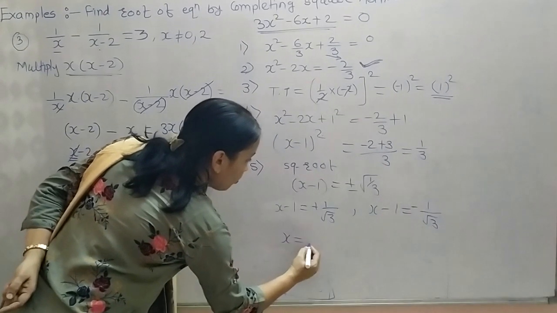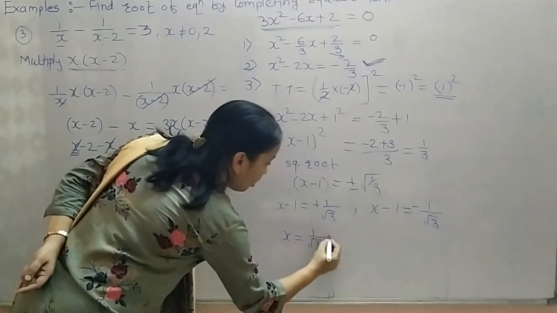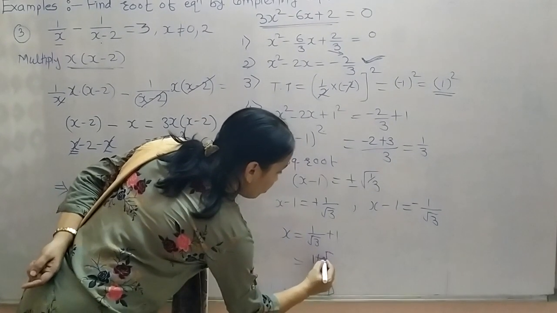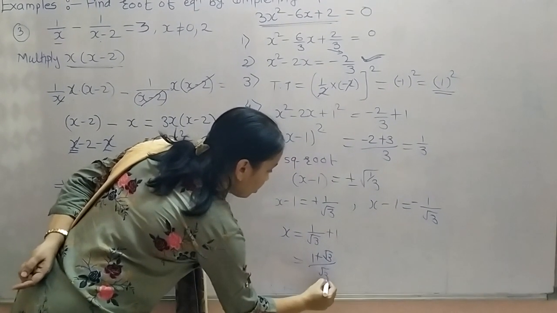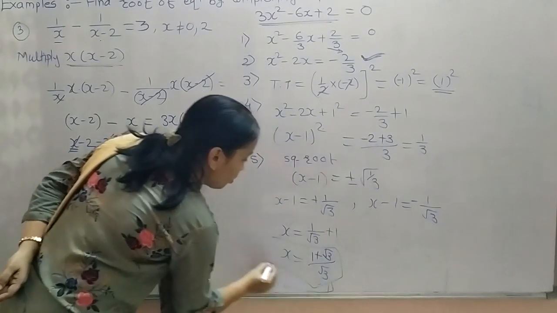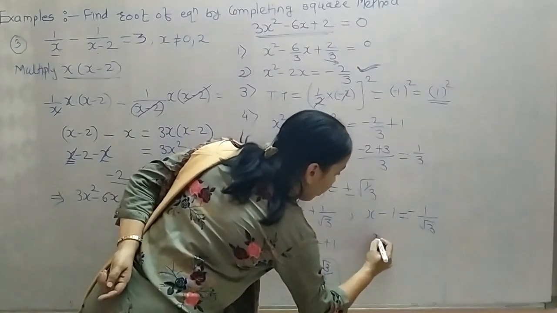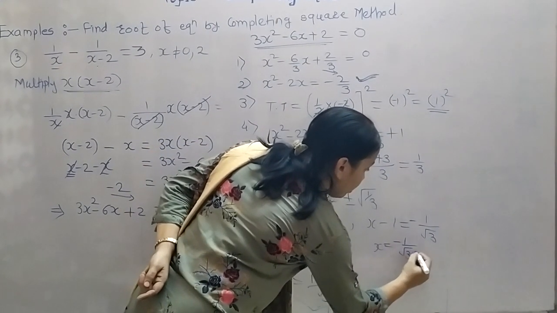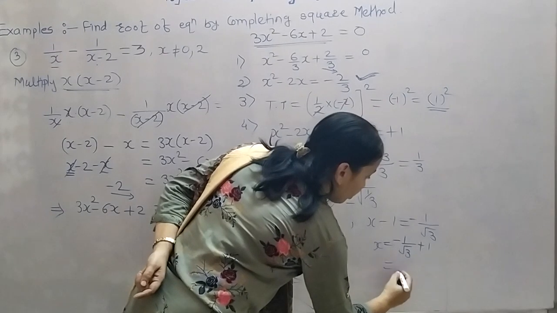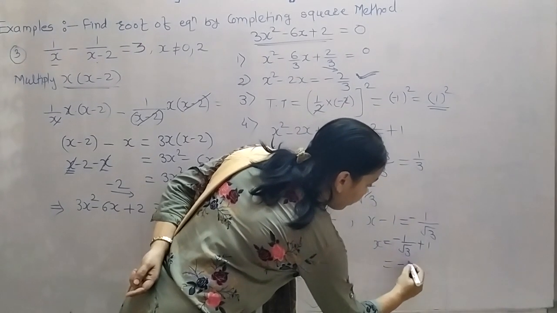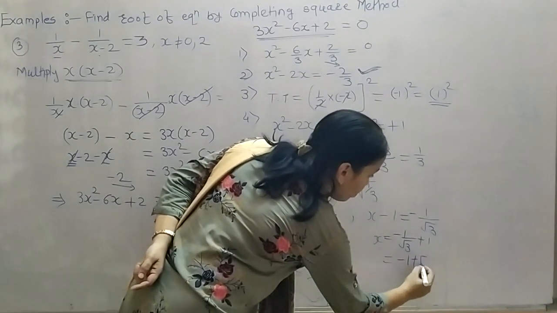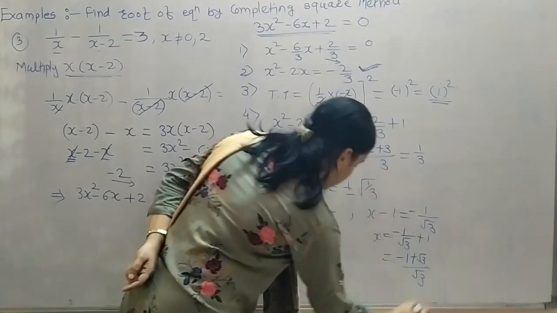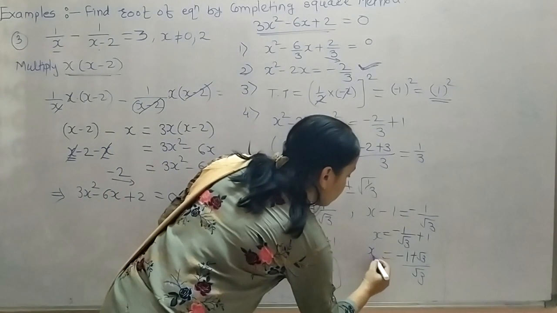Therefore, x is equal to 1 upon under root 3 plus 1, that you can write as 1 plus root 3 upon root 3. And here x is equal to minus 1 upon root 3 plus 1, then it will be minus 1 plus root 3 upon root 3. Okay, this is x is equal to.